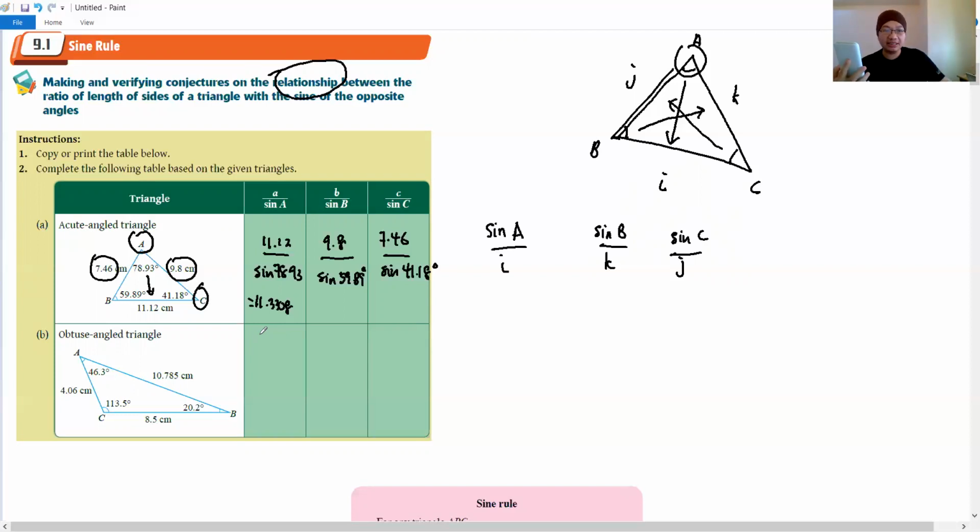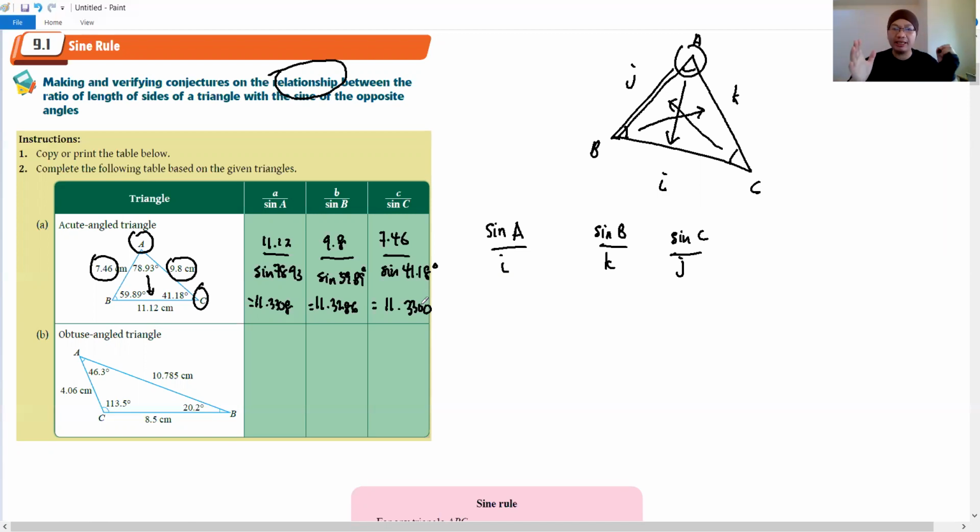So the answer here is 11.32, rounded off to four decimal places, 11.3286. And the last one, how much should we obtain? 7.46 divided by sine 41.18, then we are supposed to get 11 also, 11.3300. Okay, guys.